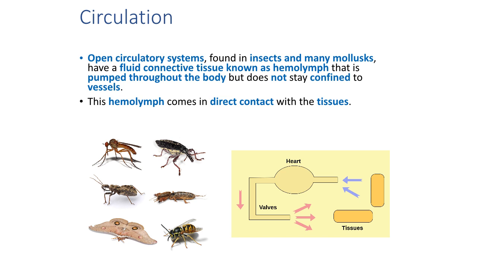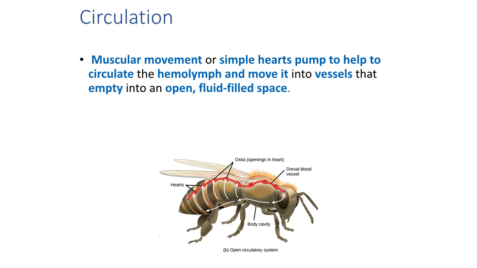Now, I just want to mention here that for some of these organisms, such as mollusks, they do have gills that the hemolymph will pass over to help pick up oxygen, and then it will move into the vessel to be pumped out again and directly over the tissues. So what we see is that we can have simple hearts that help to pump and circulate the hemolymph.